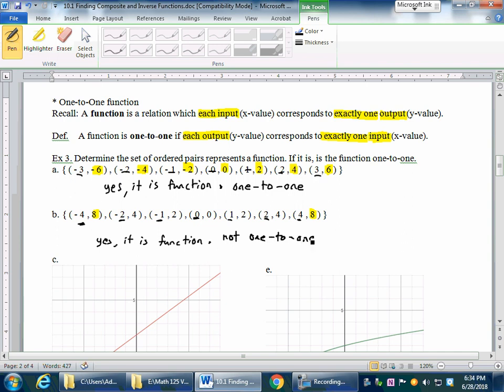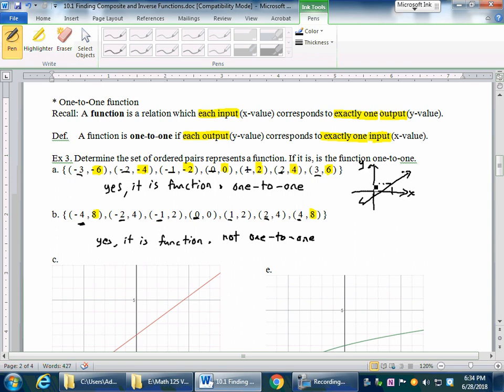Let me give you a graphical example of two cases. Both of them are functions. The first one will be a linear equation, a line. For a line, for each x value there is exactly one y, and for each y there is exactly one x also.